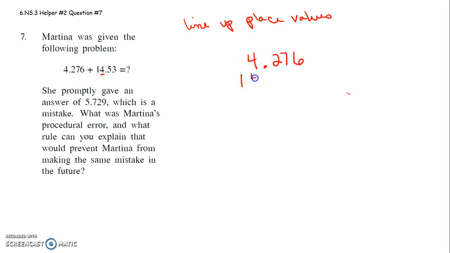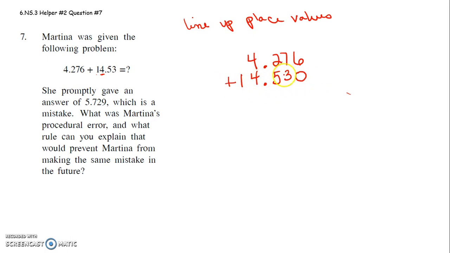So I do 1, and then underneath that 4 is the 4 from the 14 in the ones place. In the tenths place, I need to have a 5. In the hundredths place, I need to have a 3. And then I can always add a 0 here in the thousandths place, and it won't change the value.